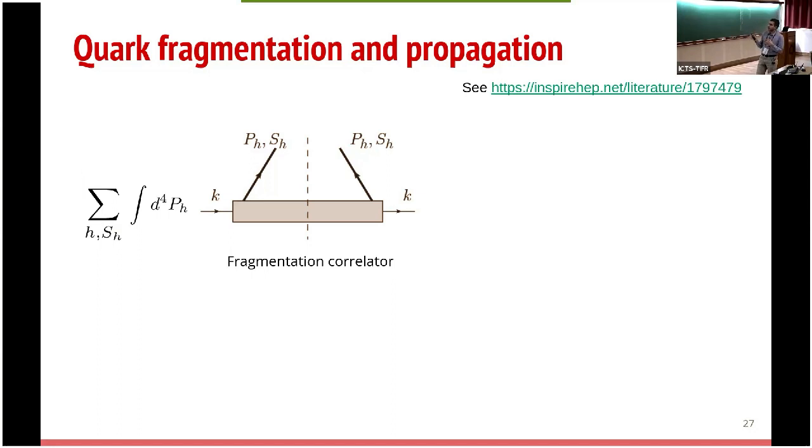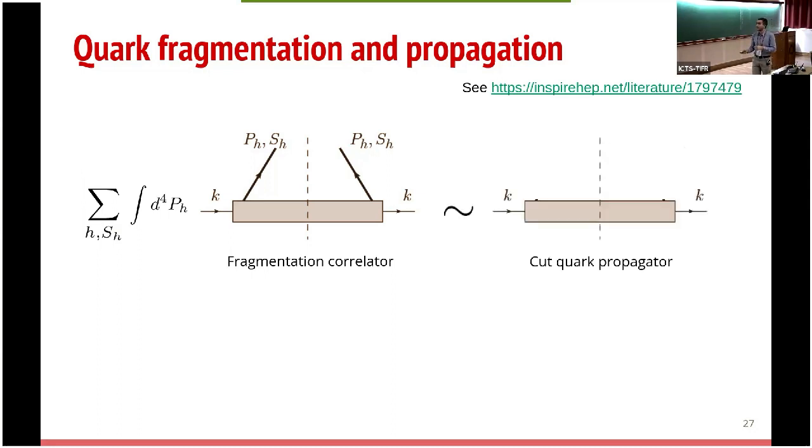The connection between the fragmentation functions and the correlator comes in thanks to a sum over the produced hadrons and an integration over the hadronic momenta. If you take the correlation function for the hadronization mechanism and perform this sum, you get the quark propagator with a discontinuity.